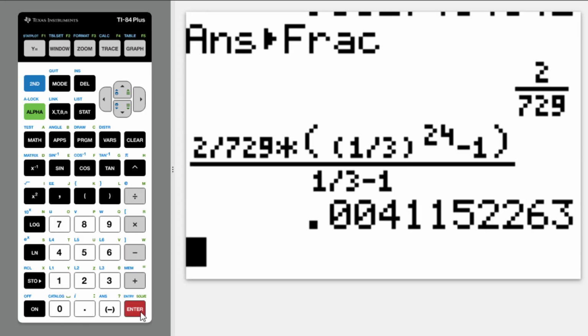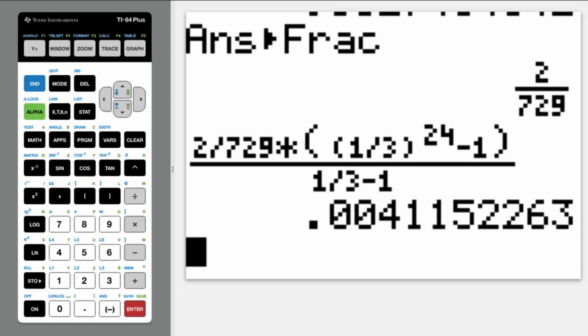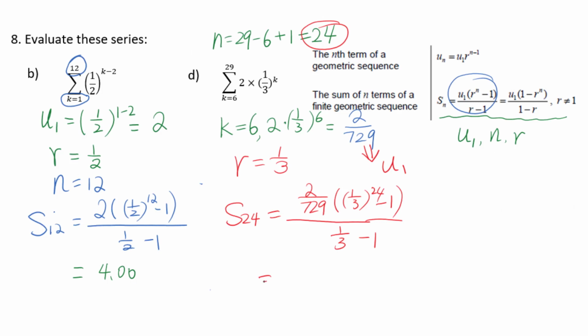Enter. The answer will be 0.00412. So the answer will be 0.00412.